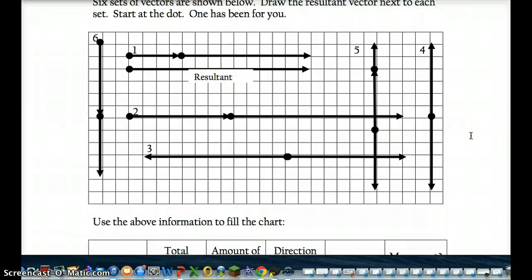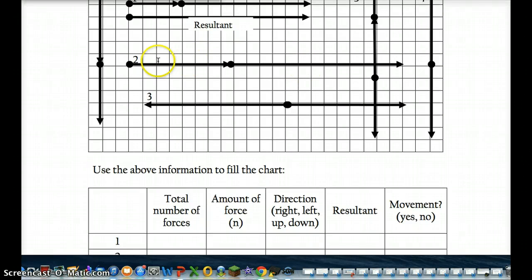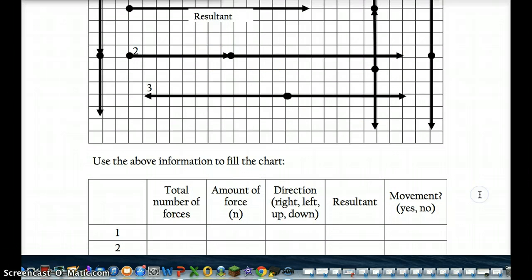Now, if we look at number 2, we have 1, 2, 3, 4, 5, 6, 7, 8, 9, 10, 11, 12, 13, 14, 15, 16, 17, 18, 19, 20, 21. There are 2 forces, 1, 2. So under number 2, you'd write 2.